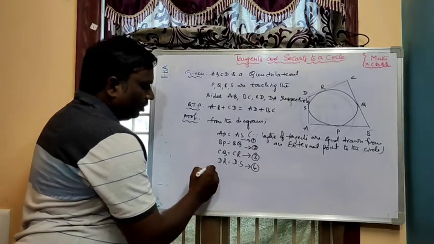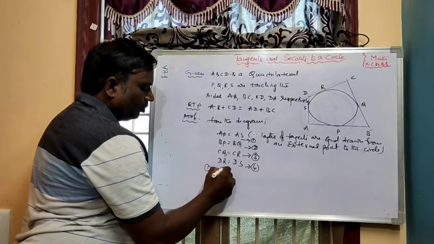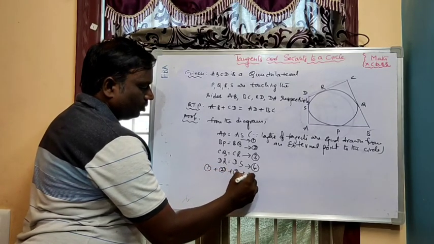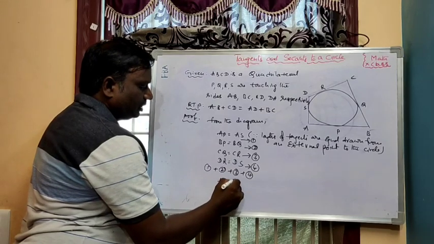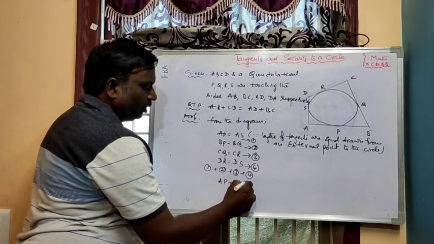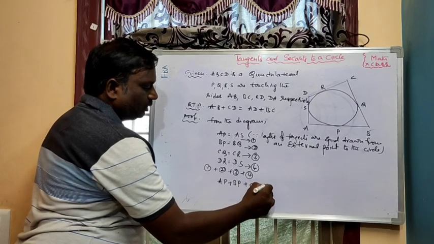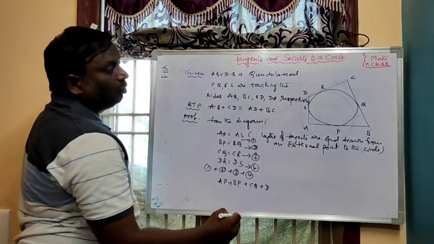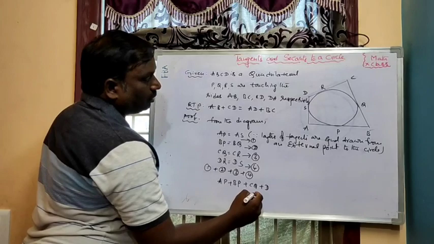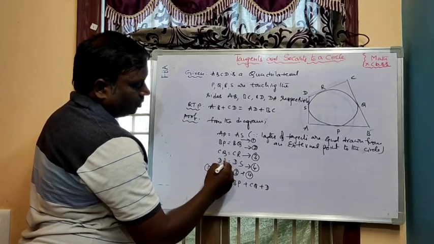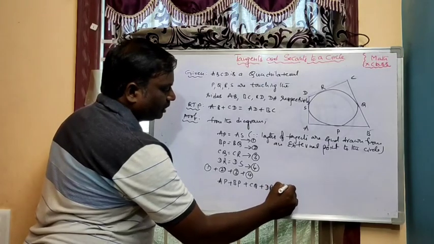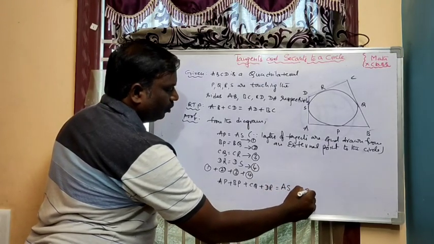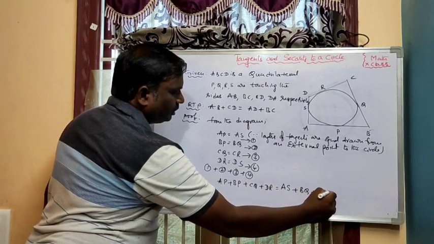Add all these, 1 plus 2 plus 3 plus 4. AP plus BP plus CQ plus DR equals AS plus BQ plus CR plus DS.